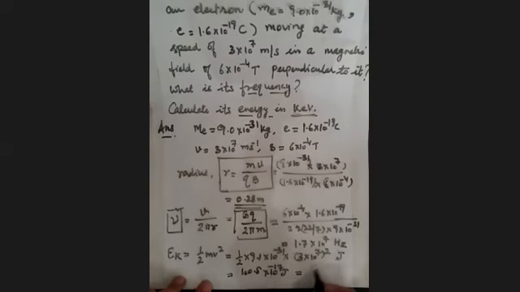So let us divide 40.5 × 10 to the power minus 17 by 1.6 × 10 to the power minus 16.